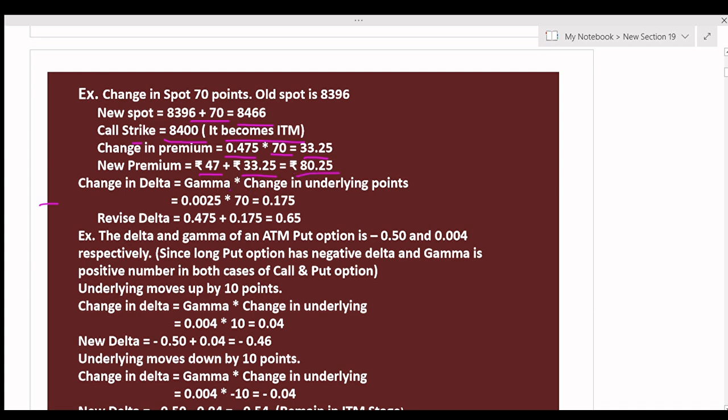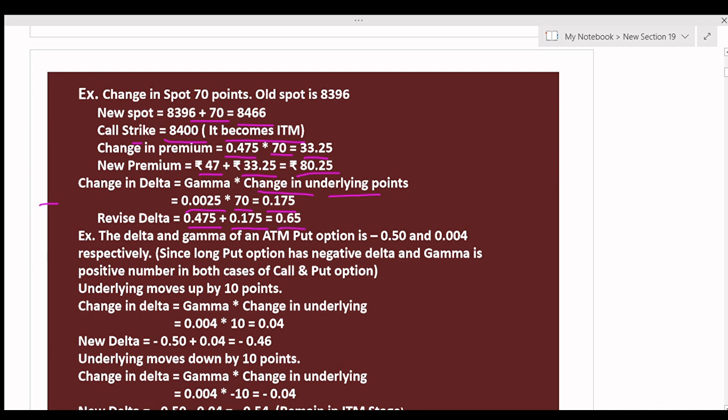Change in delta is equal to gamma into change in underlying points. 0.0025 into 70 is equal to 0.175. Revised delta is equal to 0.475 plus 0.175, equal to 0.65.